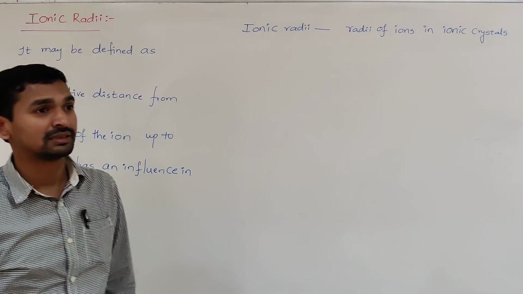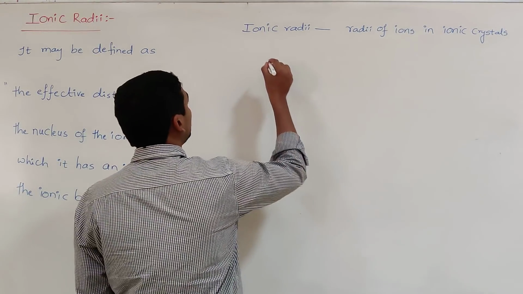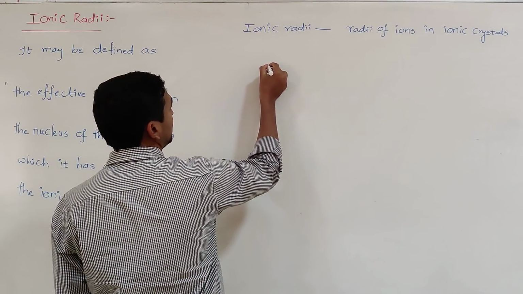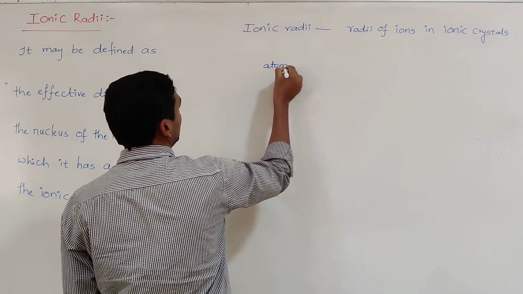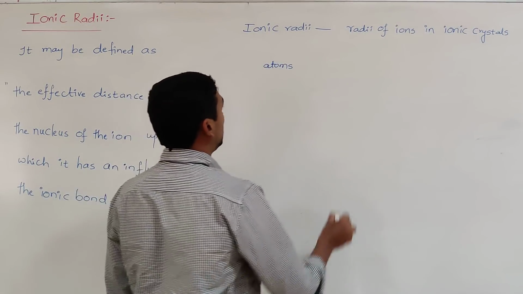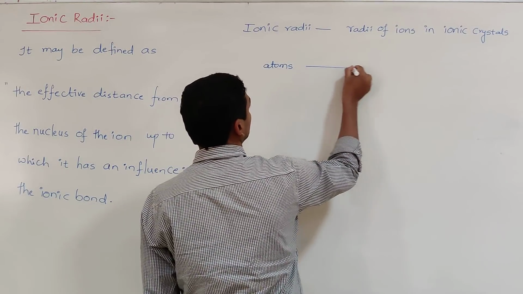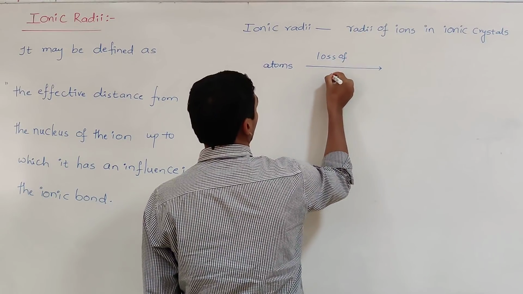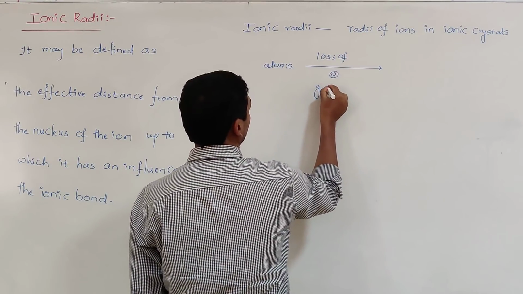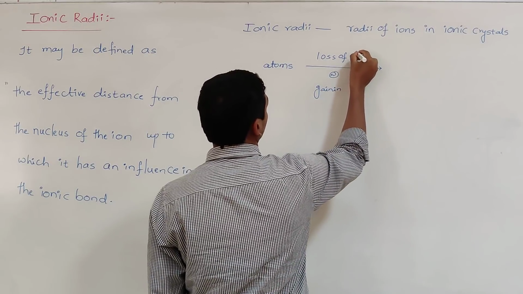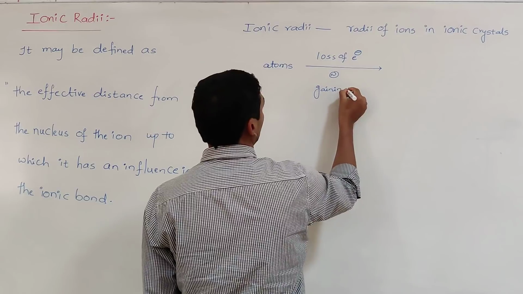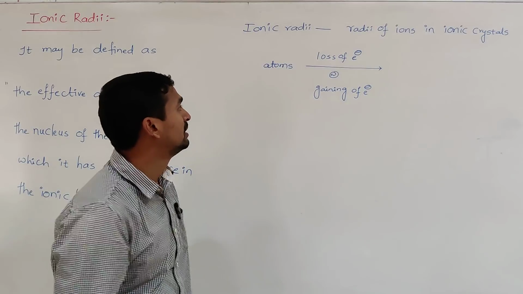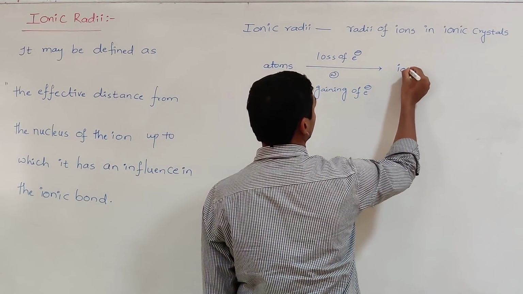Ionic crystals. How are the ions formed? Ions are formed by loss or gain of electrons from the outermost shell of an atom.